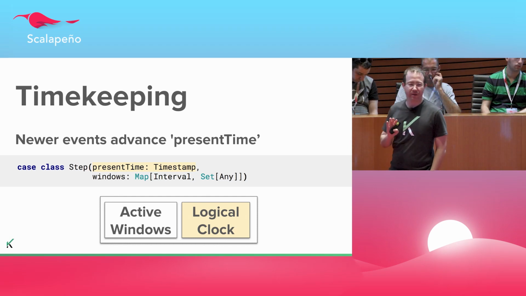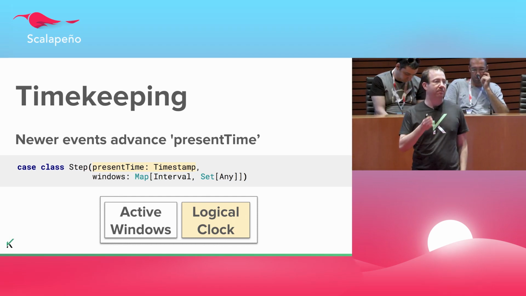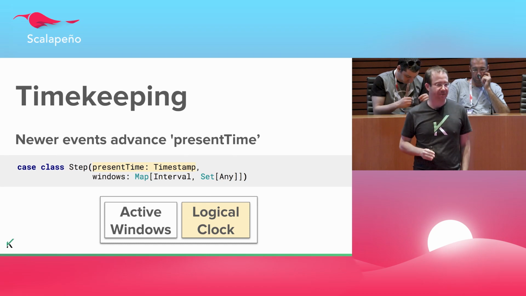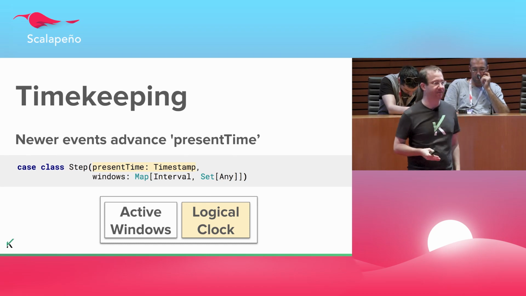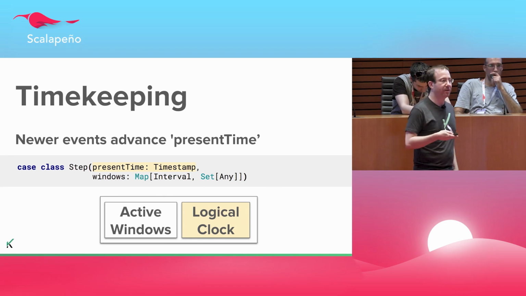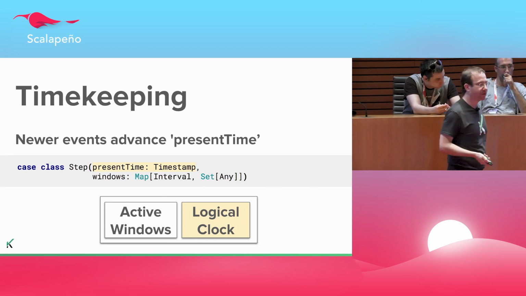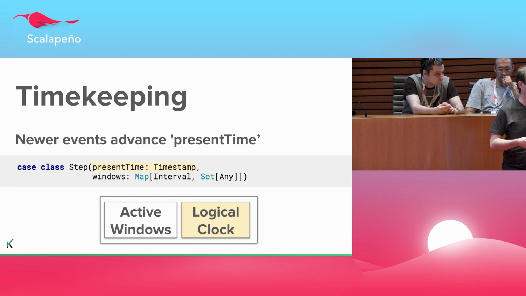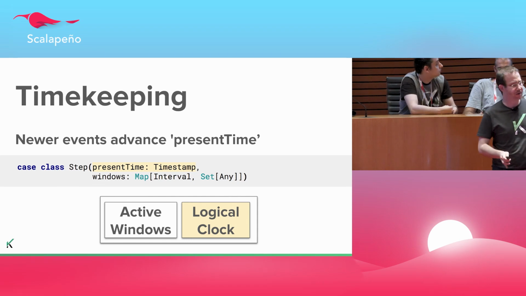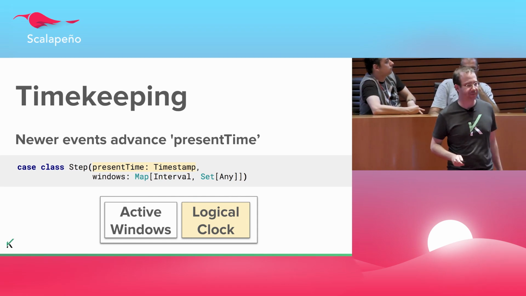The state that we maintain is the logical clock, the present time timestamp. So whenever a new event arrives, we're going to advance that if it is newer than what we already have. Otherwise, the time remains still.